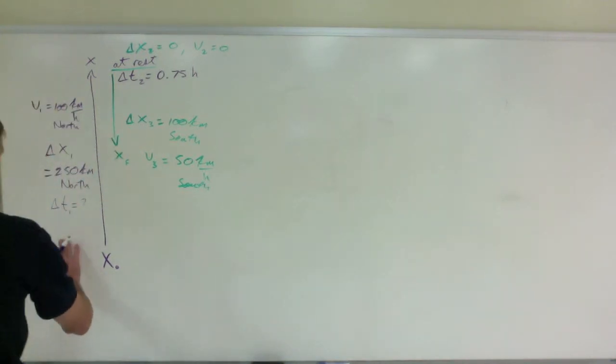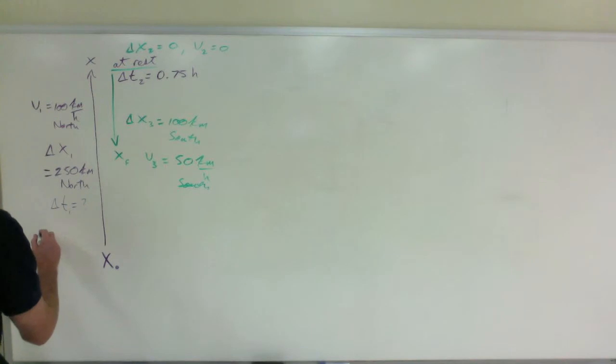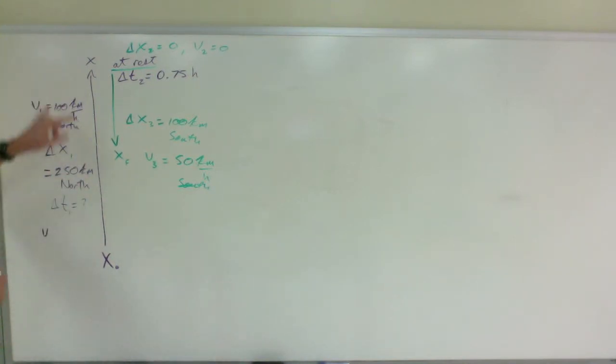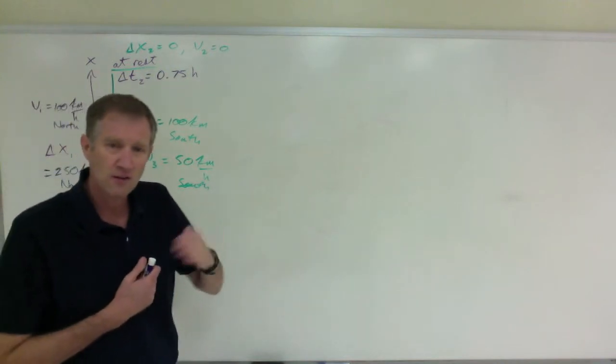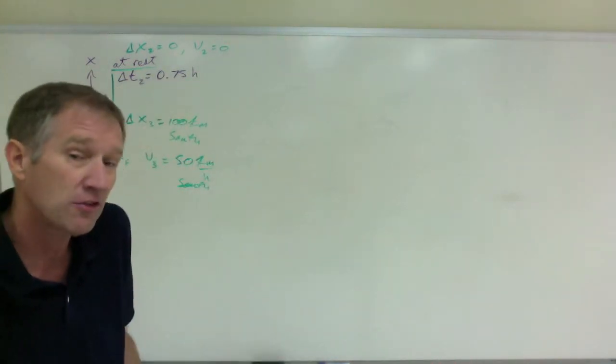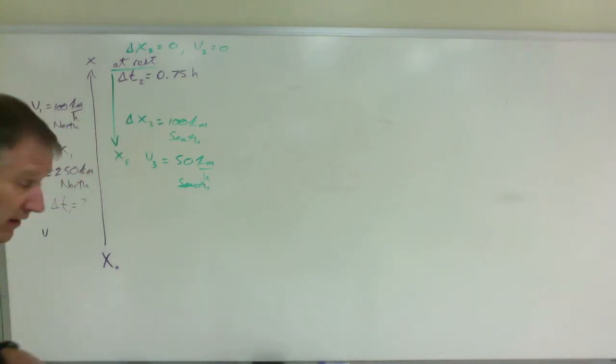We're going to need that time eventually, so let's just figure it out. Now this is a constant velocity from here to here. She's traveling at a constant 100 kilometers per hour. If you travel at a constant velocity and don't change direction, then your average velocity is the same as your constant velocity.